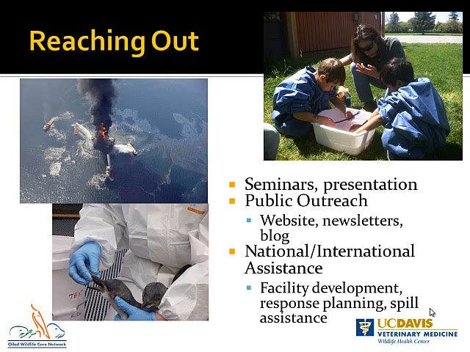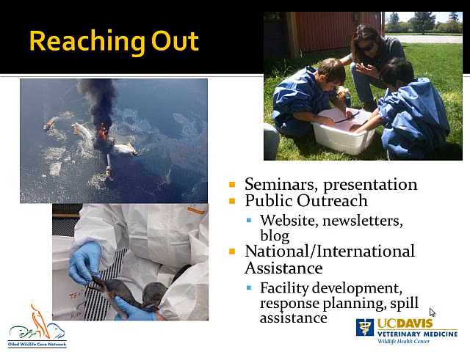Reaching out, this is one of our R's. So basically we try to spread the word about what we do, why oil is so harmful to wildlife, through seminars, presentations that we give, public outreach. We have a website, we have a blog, and we have a newsletter that comes out every year.